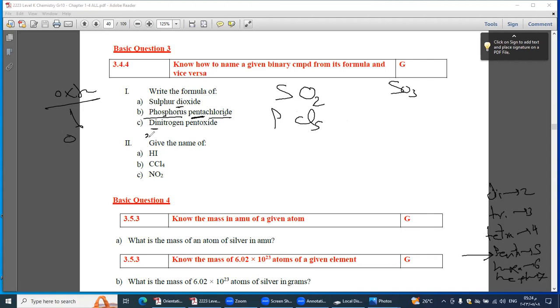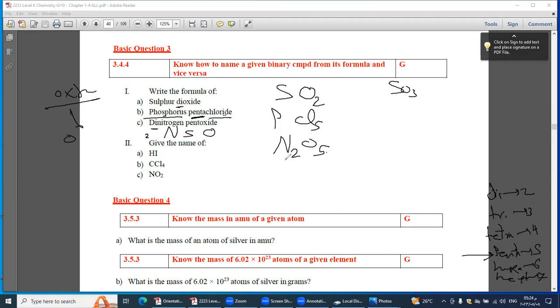Di refers to 2. Nitrogen, penta, oxide. So rearrange: dinitrogen, N2. Pentoxide, O5. And N2O5, not 2NO5.